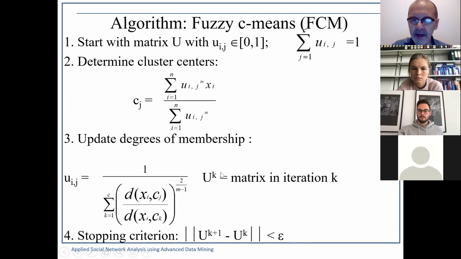Okay, the algorithm iteratively calculates in steps 2 and 3 the centers based on membership values, that's formula 2, and then the membership values based on centers. So it's iterating between steps 2 and 3.